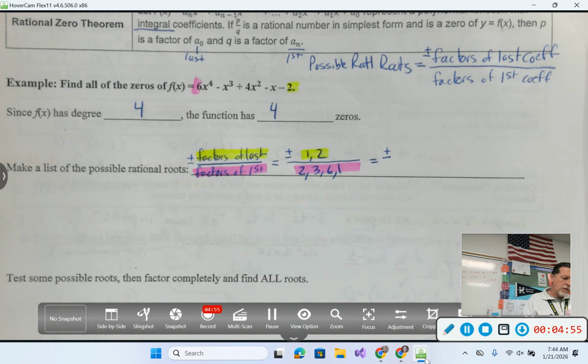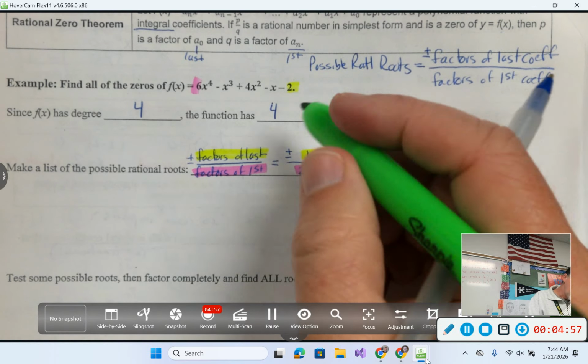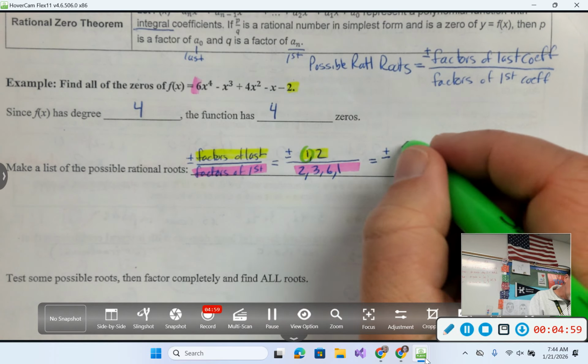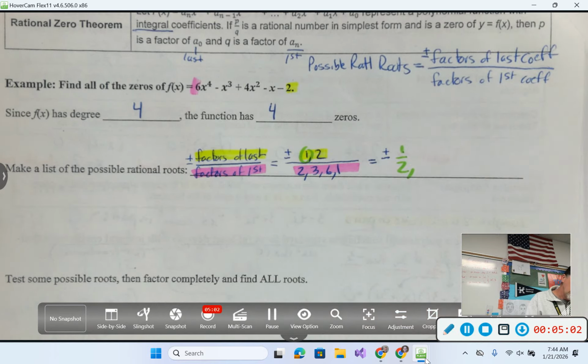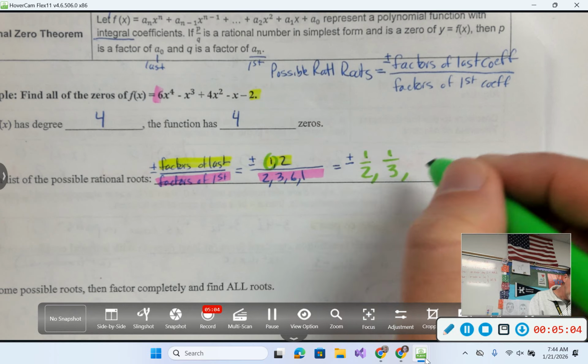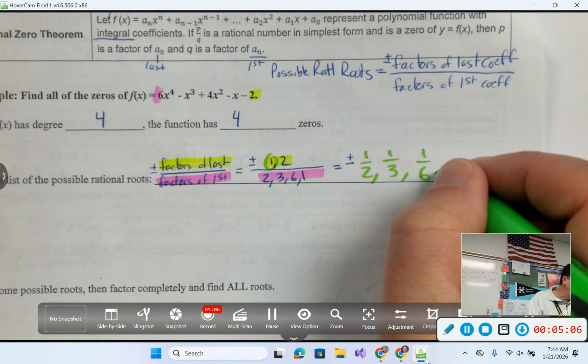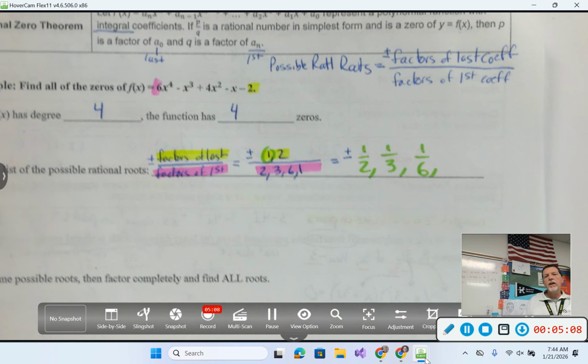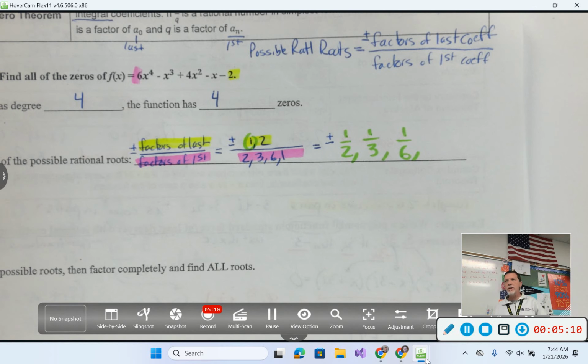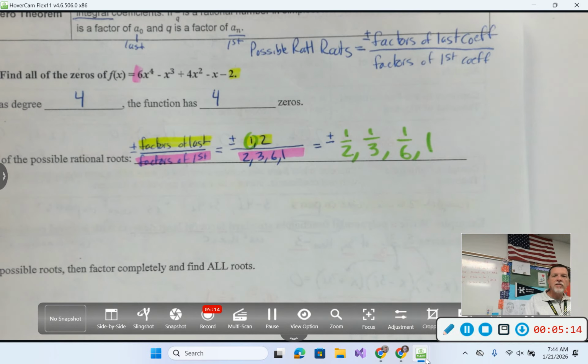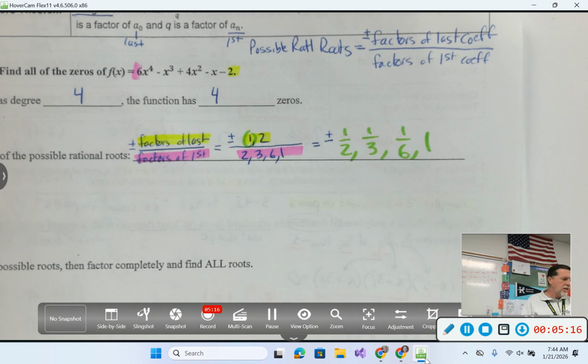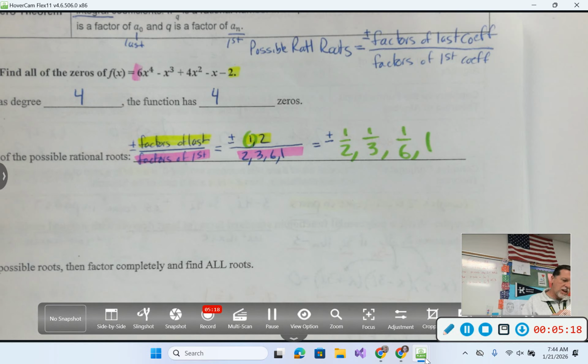I'm going to put the 1 over everything. So 1 over 2, 1 over 3, 1 over 6, 1 over 1. What's 1 over 1? Let's reduce that one on the fly. That would just be 1. So there's some options.